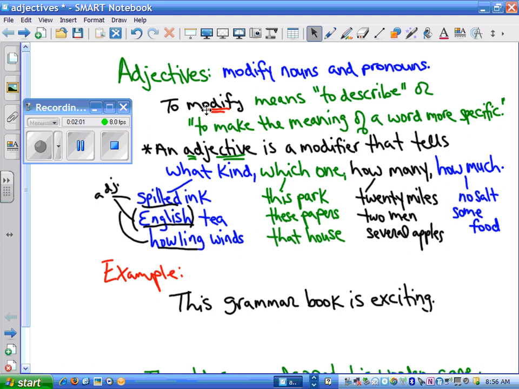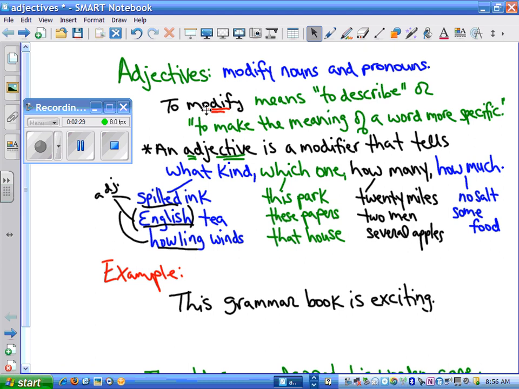English tea. Now, English in a different sentence could be a proper noun. Right? So in a different sentence, English could be a proper noun. But here, it's not working as a noun. Right? It's working as an adjective that describes what kind of tea we have.